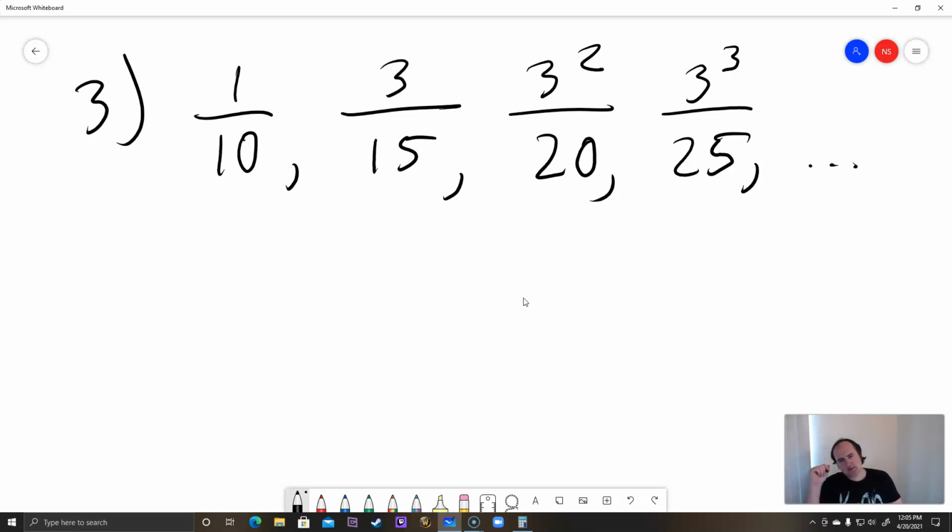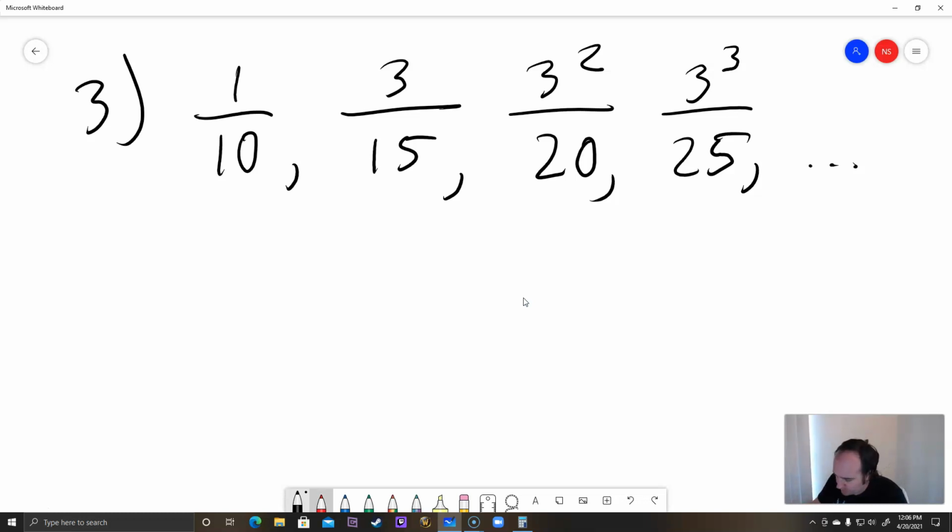Okay, so this one is interesting. It doesn't have any pluses or minuses, so this one is not going to be alternating signs. It's actually not that hard of a problem, but setting it up can be a little bit tricky.